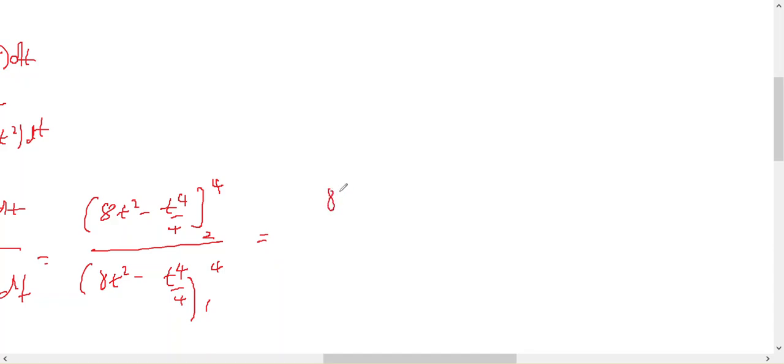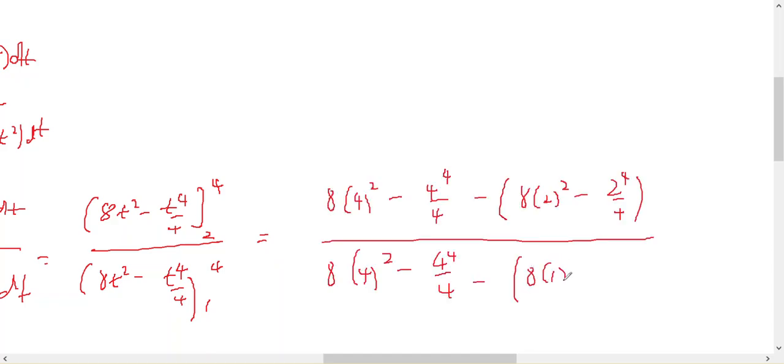So I've got 8 times 1 squared minus 1 to the 4 on 4.